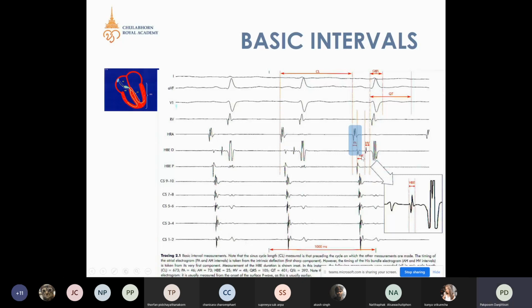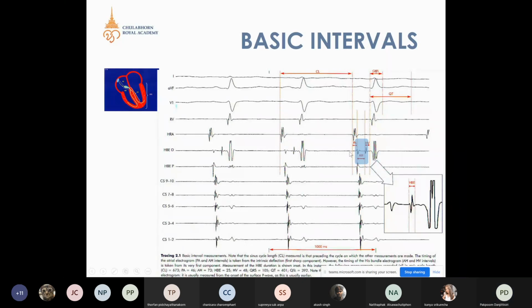After that, we can measure the AH interval. The AH interval starts from the first intrinsic deflection of the A wave, or A signal, in the His catheter, and goes to just before the onset of the His spike here, so we can get the AH interval.